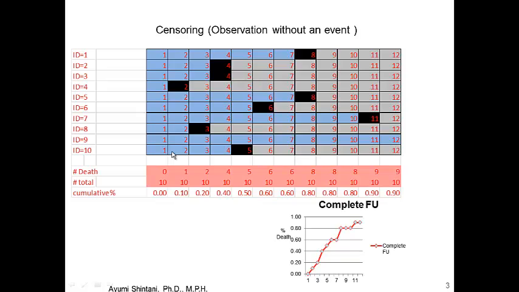In this case, you can see the proportion of deaths up to day 2 is 10% and day 3 is 20%, because 2 people out of 10 died by the 3rd day. And by day 5, you have 1, 2, 3, 4, 5 patients, so 50% experienced death. And then at the end of the study, you have 90%, 9 out of 10 experienced the event.